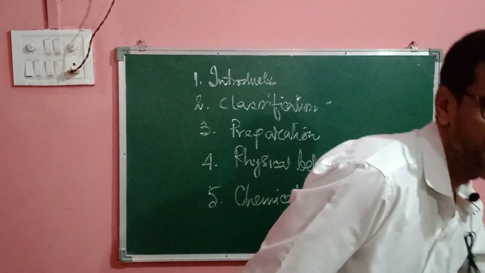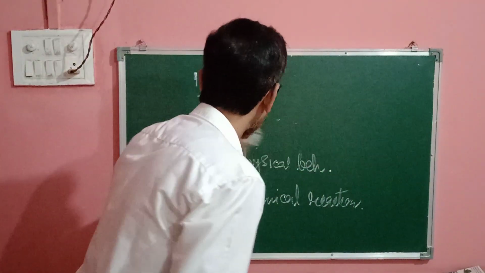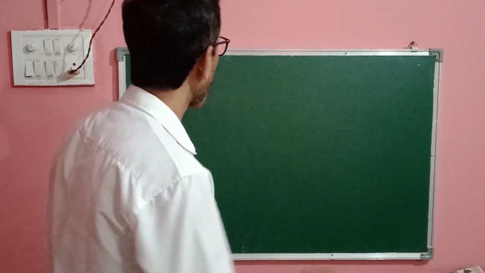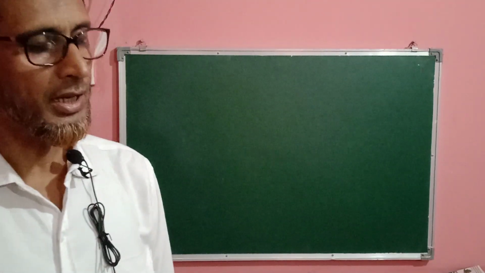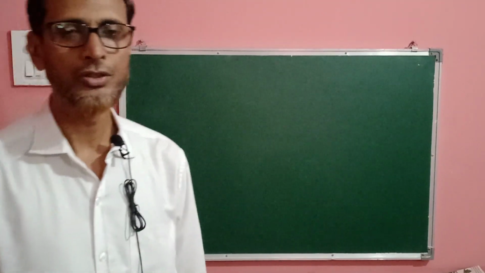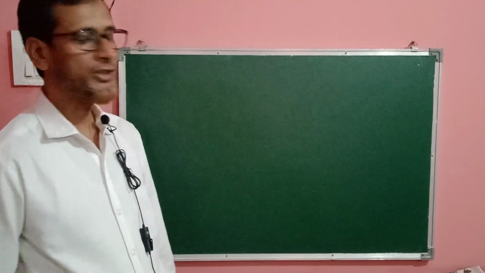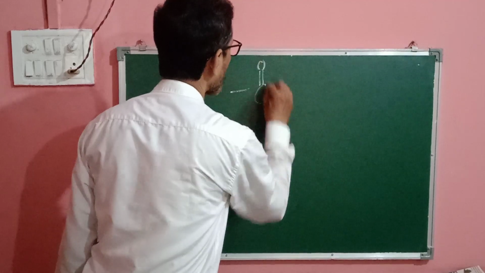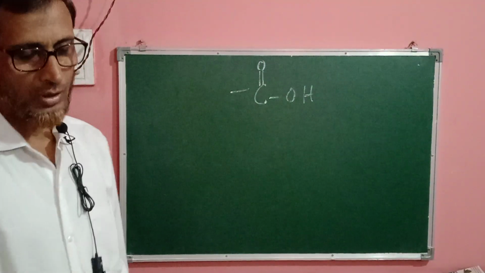Step by step, at the very beginning, I am starting with the introduction. Since the name of the chapter is carboxylic acids, what is carboxylic acid? Carboxylic acid is a carbon containing compound which contains the COOH group as its functional group.